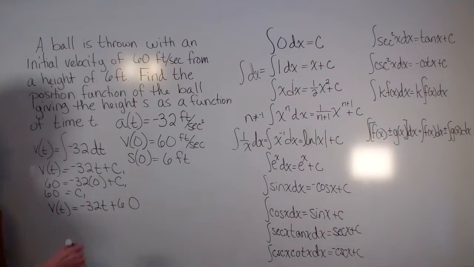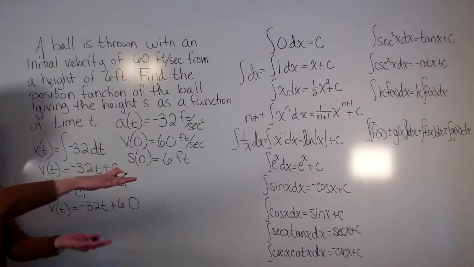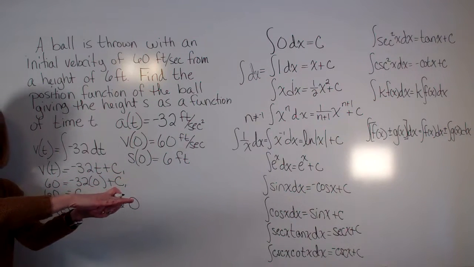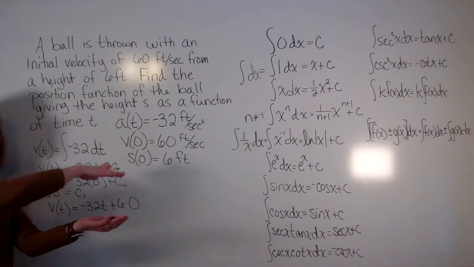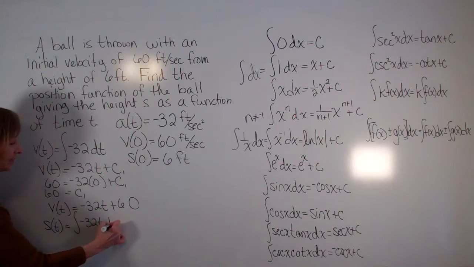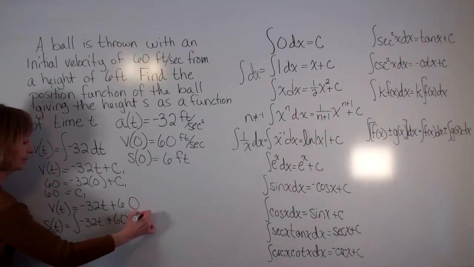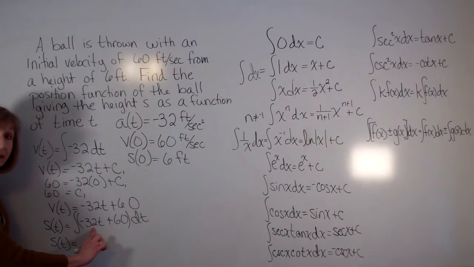Now I want to get to the position function though. So I want to get to s of t. So we were at the acceleration function. We integrated to get to the instantaneous velocity function, found the value of its constant term, and now we need to integrate the velocity function to get to the position function. So s of t is equal to the integral of our velocity function. Well, term by term integration.